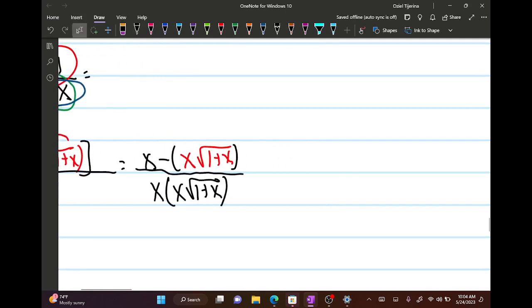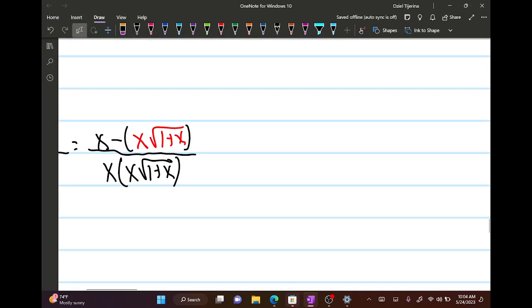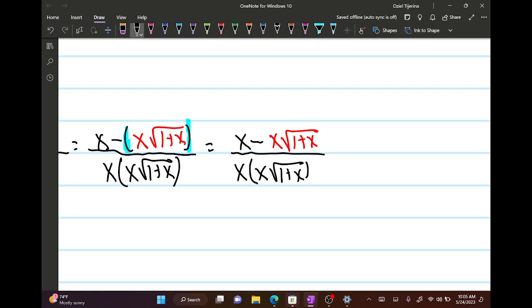So then what we're going to do here is take these parentheses off, since we don't really need them here. So we have x minus x square root of 1 plus x, and then all over x times x square root of 1 plus x.